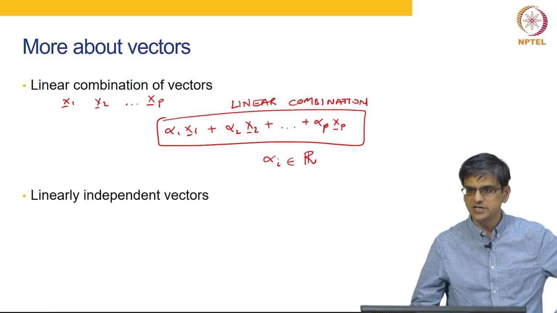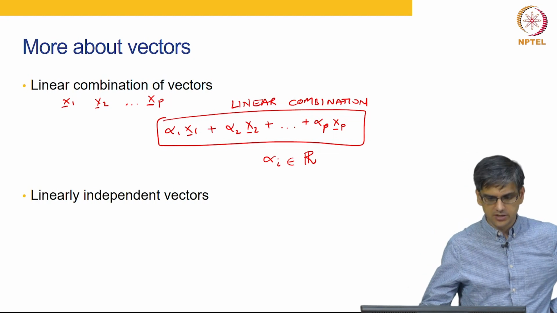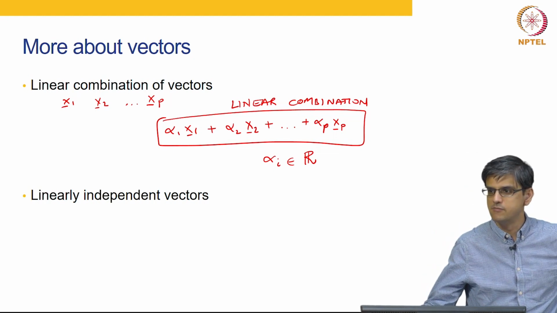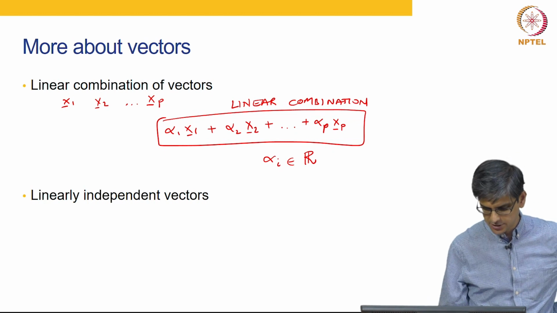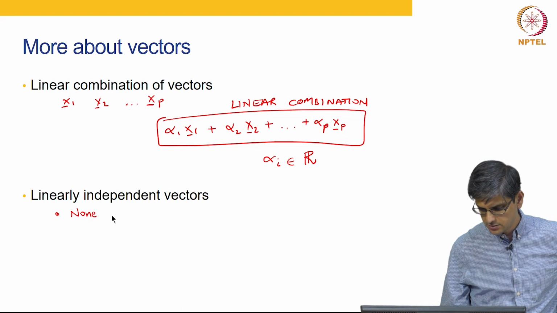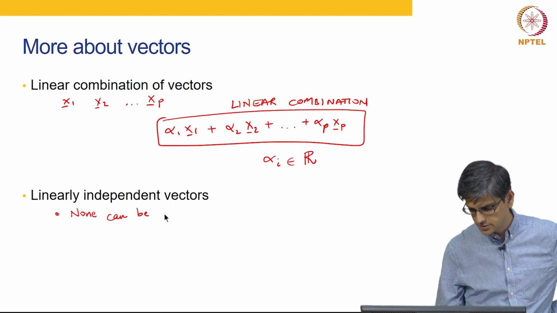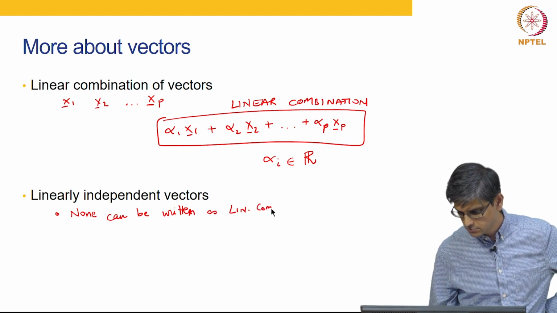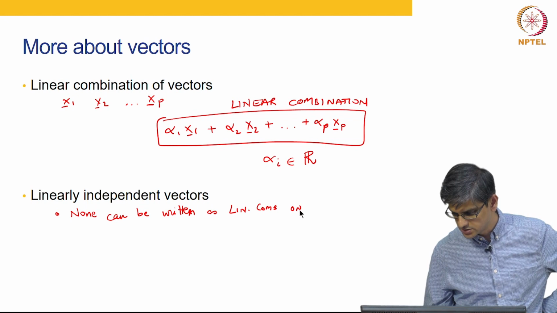What is linear independence? When will vectors x1, x2 up to xp be called linearly independent? That is one way: when none can be written as linear combination of others.